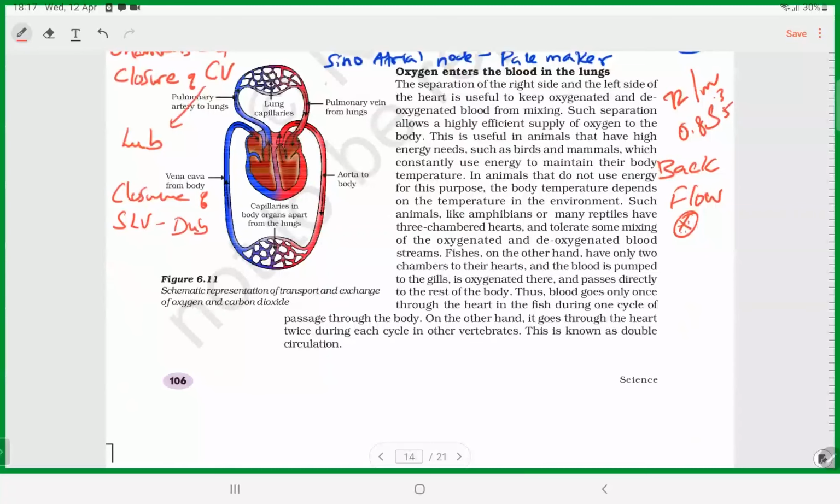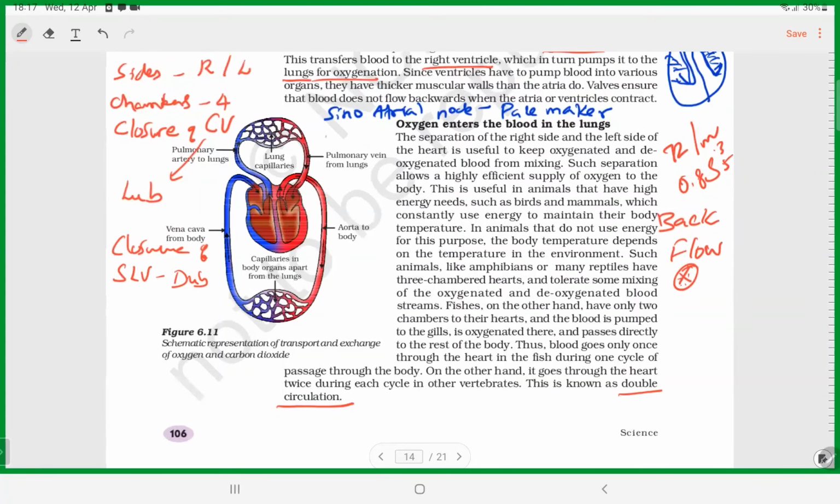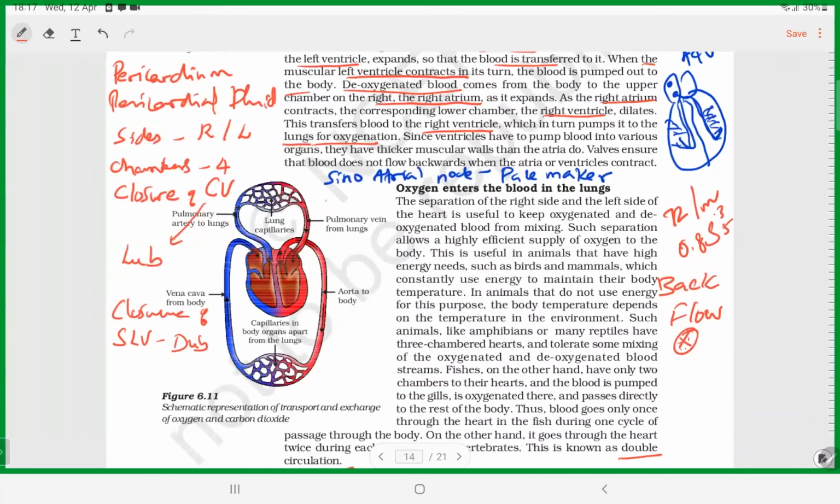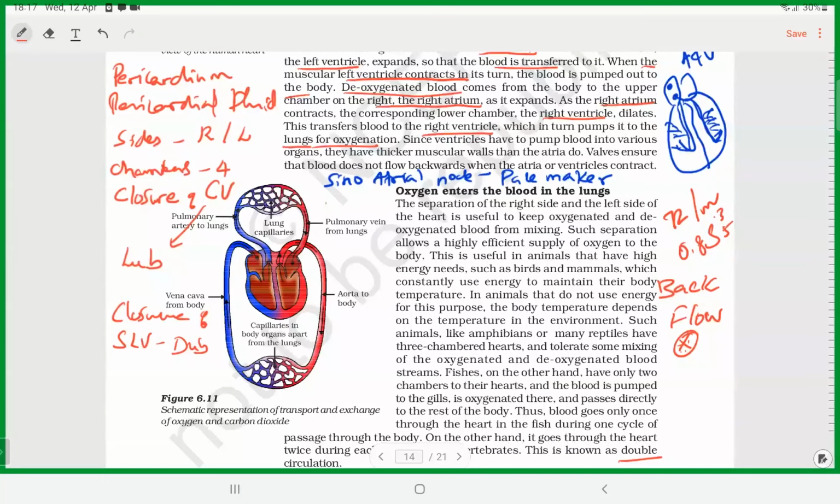Now, the next thing is, we call our blood circulation double circulation. The blood circulation in humans is called what? Double circulation. You can see how many times the blood enters the heart? Twice. On the right side, deoxygenated blood enters and goes out, and then on the left side, oxygenated blood comes and goes out.